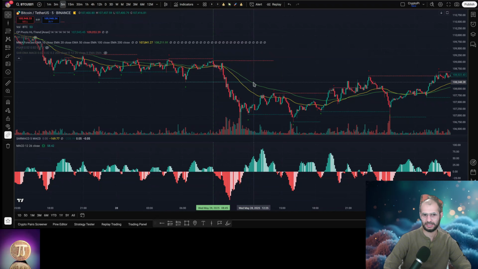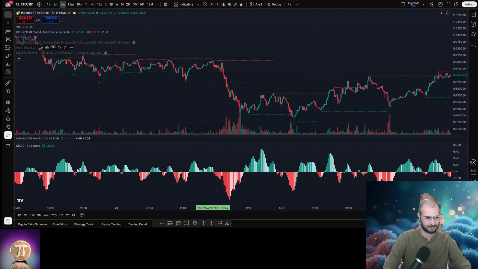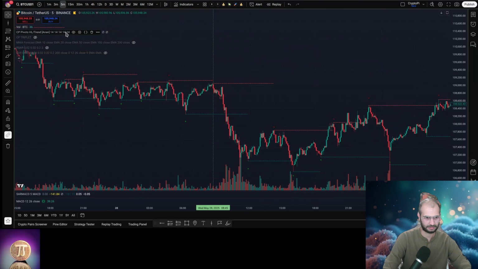Using technical indicators, any of them such as moving average, MACD, or any other adaptation, is much better than trading without any technical indicators. Let's look at this chart without any technical indicators.